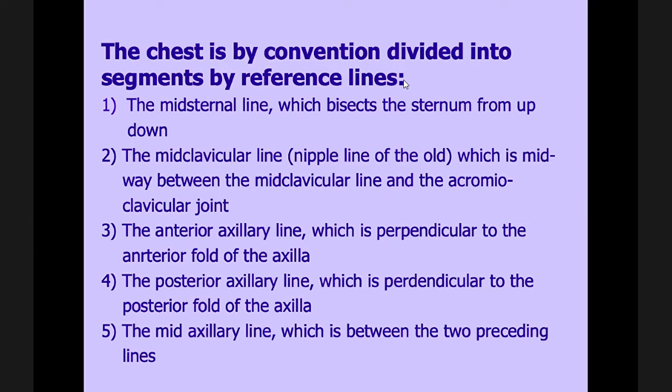The anterior axillary line is perpendicular to the anterior fold of the axilla. And then the posterior axillary line is perpendicular to the posterior fold of the axilla. And the mid-axillary line is between the two preceding lines. So between the posterior and the anterior is your mid-axillary line.